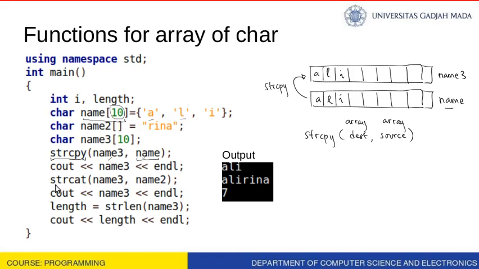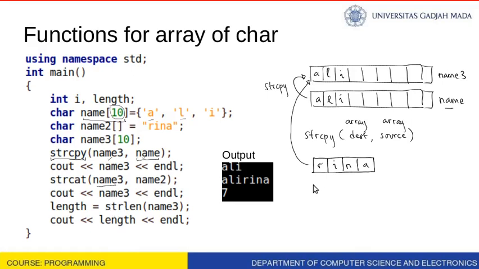And then what is strcat? This is string concatenation. We will combine name3 and name2. In name2 we have R, I, N, and A. Then we combine it with name3, and store the result in name3.